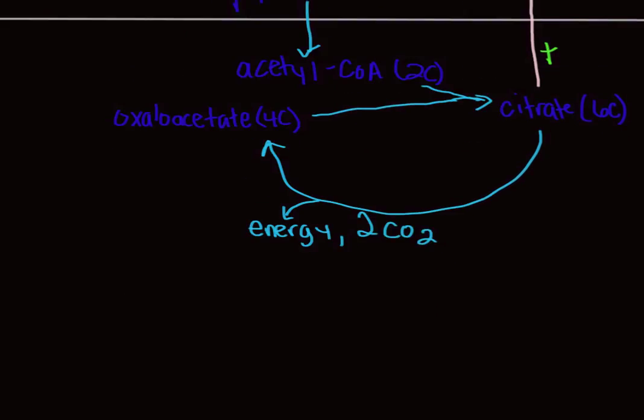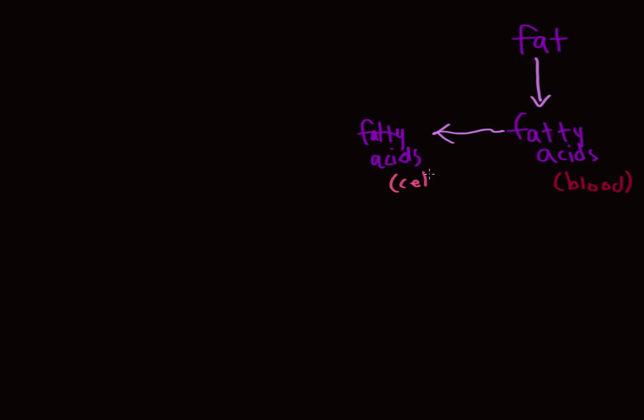So now we're going to look at what happens when we're using fat as our primary energy source. Fat in fat cells is lysed to release free fatty acids, which are released into the blood. These are then taken up by cells as a source of energy.